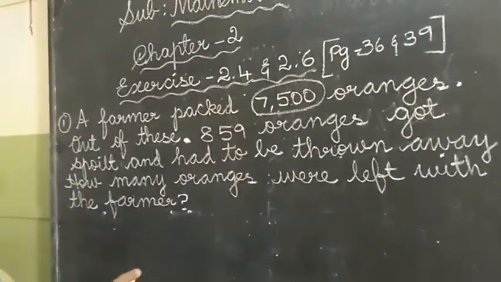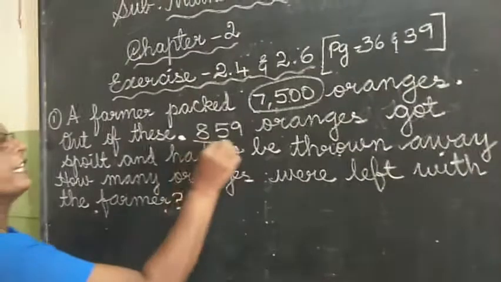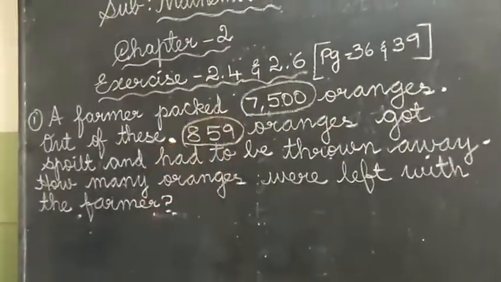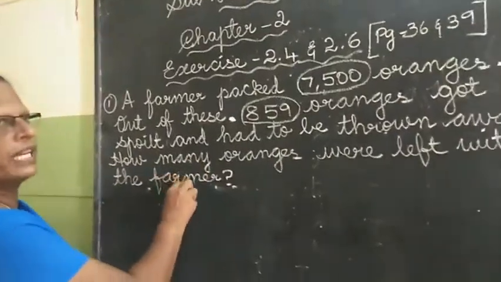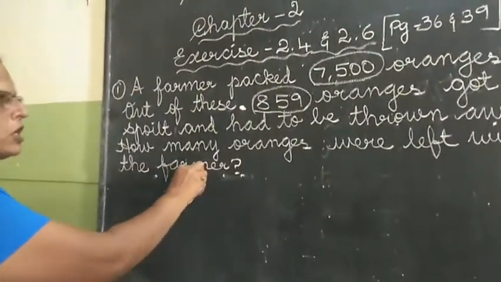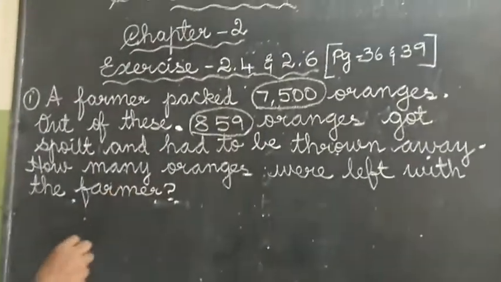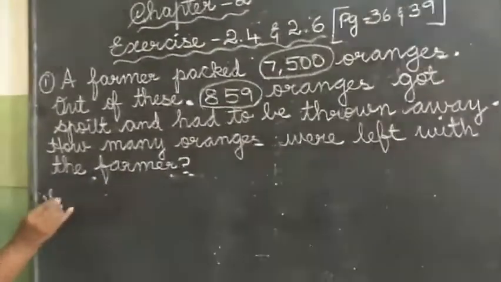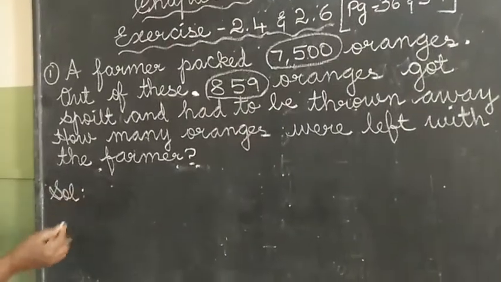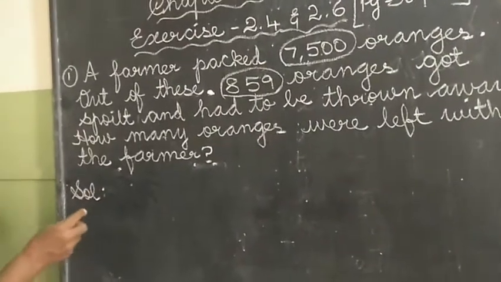7,500, and in that, 859 oranges got spoiled. So how many oranges are left with the farmer, we have to find out. So what do we have to do first, children? First we have to see the number of oranges.